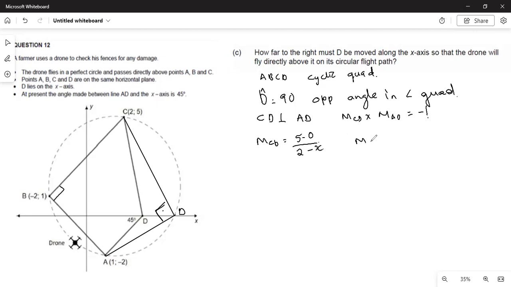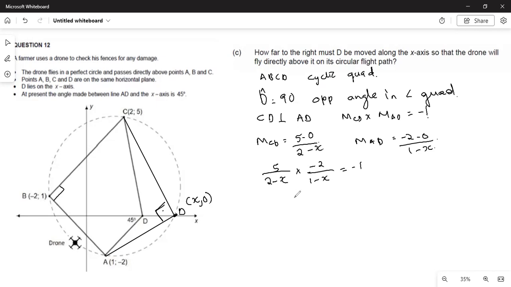For the gradient of AD, we would say 2 minus 0 over 1 minus x. So just so we are clear, that's x and 0 because it's on our x-intercept. Okay, so since we know that to be true, we will say 5 over 2 minus x multiplied by -2 over 1 minus x should give us -1.